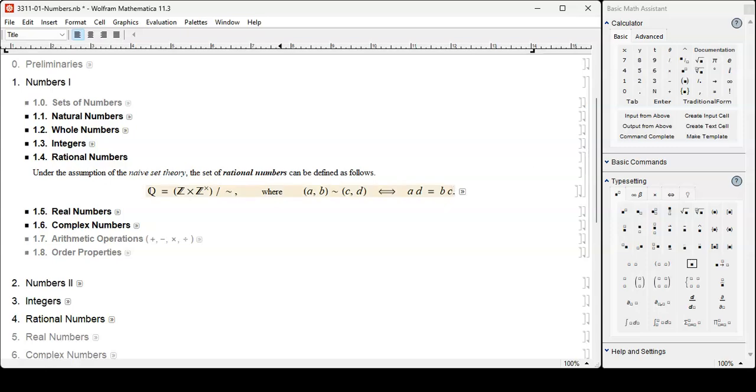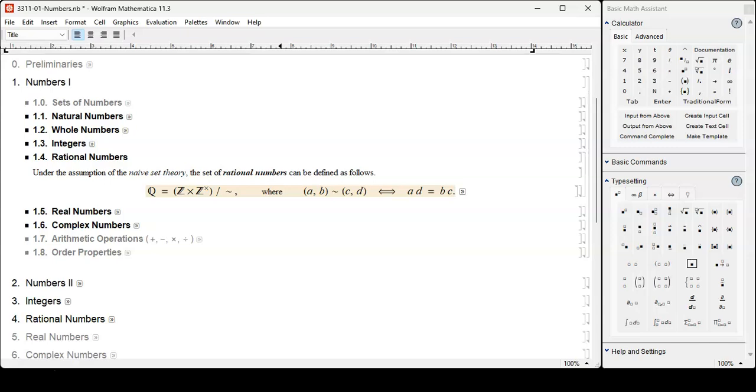(A, B) and (C, D) are equivalent if AD is equal to BC. Again, please check whether this is indeed an equivalence relation: reflexivity, symmetry, and transitivity. I'm going to leave that to you. I'm pretty sure you must have done it already in the Introduction to Proof class, either as homework or in class.